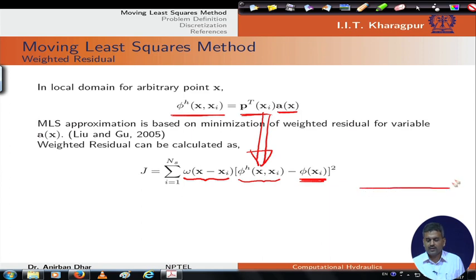If we consider any arbitrary point, and this is our original function value and this is the constructed polynomial, obviously we will try to reduce the difference between these two values.